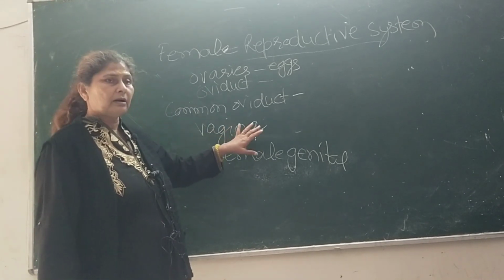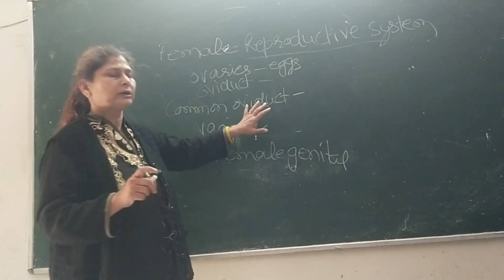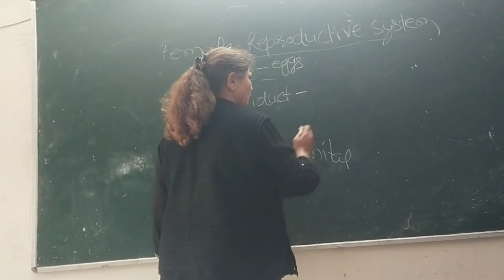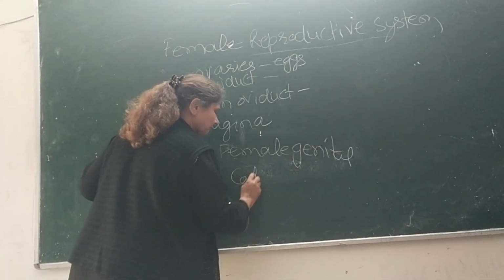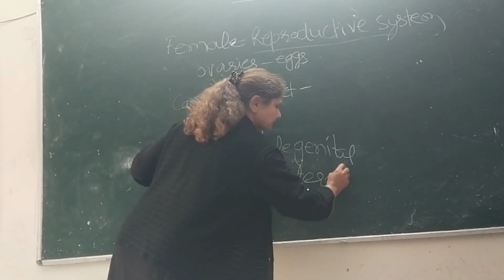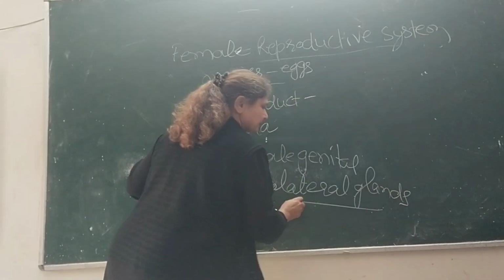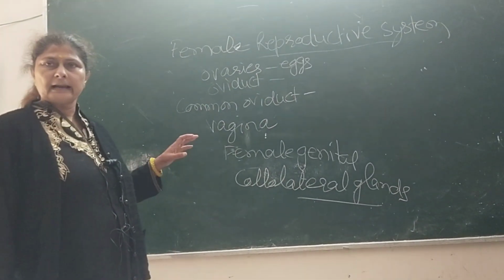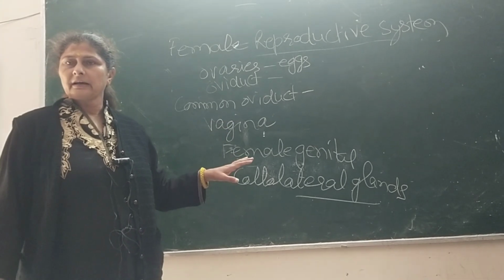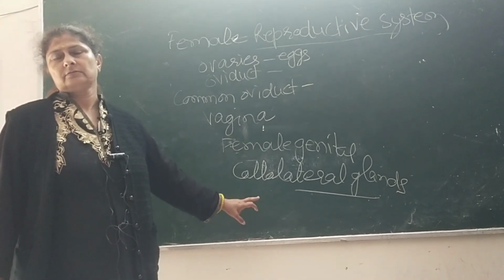Now, beside this, there is one more structure, that is called the collateral glands. From these collateral glands arises the collateral duct.